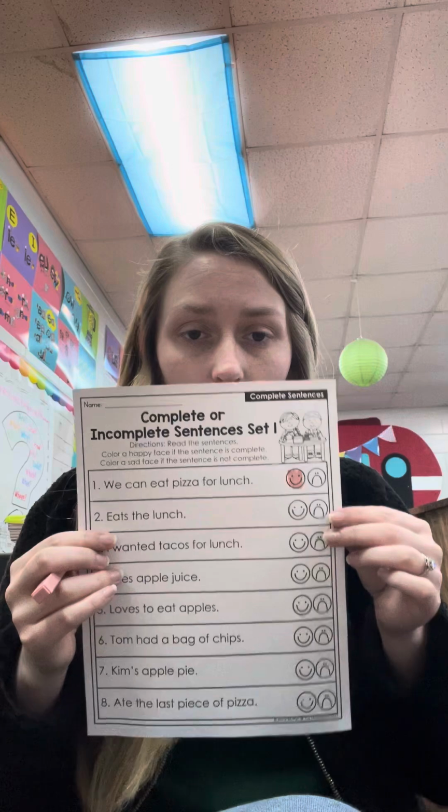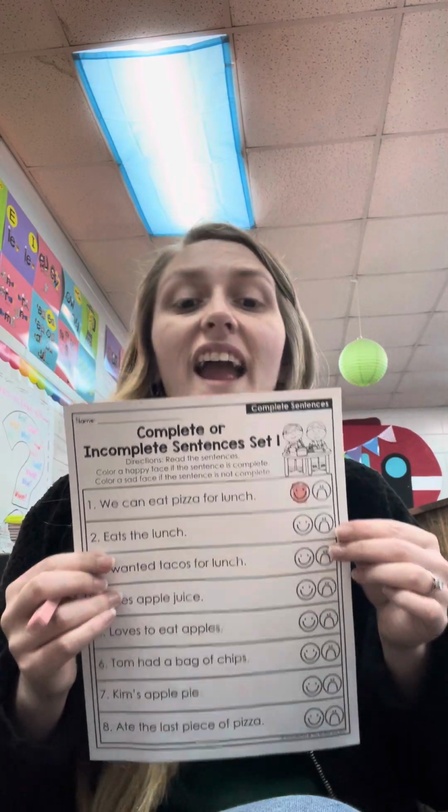So you have to have both a subject and a predicate, and there is no subject in this sentence. Let's read it out loud again. Eats the lunch. That doesn't make sense. So, is this a complete sentence or an incomplete sentence? An incomplete sentence. So we're going to color the frowny face, the sad face, because that's not a complete sentence.